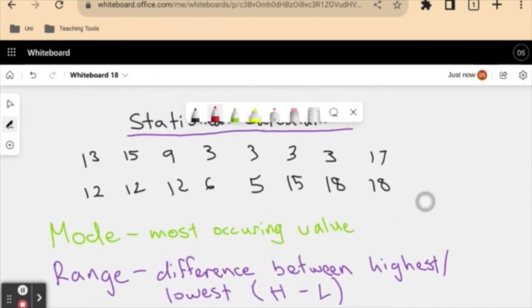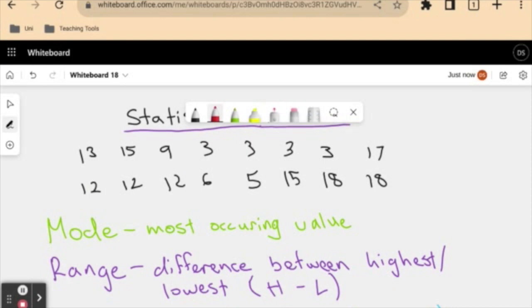So let's go through this slowly, for example, our mode, our most occurring value. Can you think of any plots that we've looked at which could tell you this? Now, you may recall back to dot plots or histograms, right?